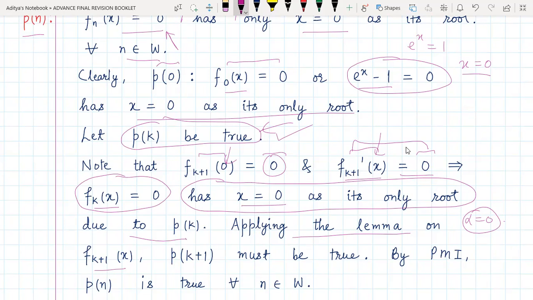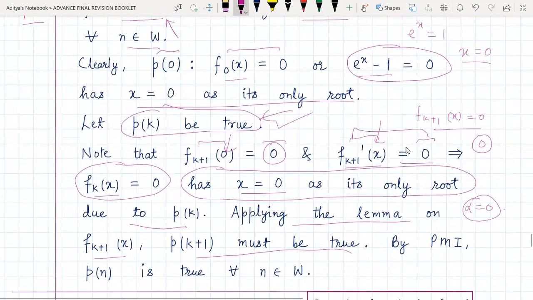So by the lemma we can say f k plus 1 x equal to 0 shall also have x equal to alpha as its only root, but alpha in this case happens to be 0. So p of k plus 1 also we have proven true, and hence by the principle of mathematical induction, p of n must be true for all n belonging to whole numbers.